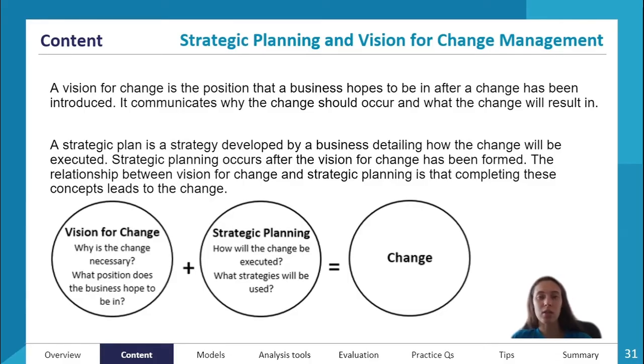So we can see in this diagram here, vision for change plus strategic planning equals the change. And underneath vision for change, we've got why is it necessary and what position does the business hope to be in. Strategic planning, how will it be executed? What strategies will be used? Those two things go hand in hand to make the change a success.